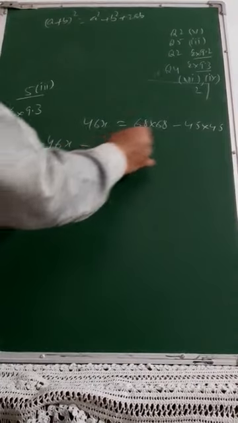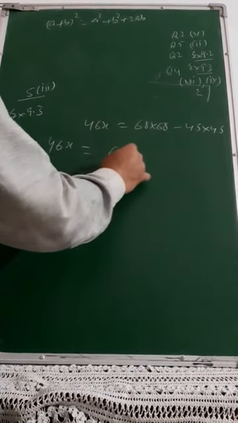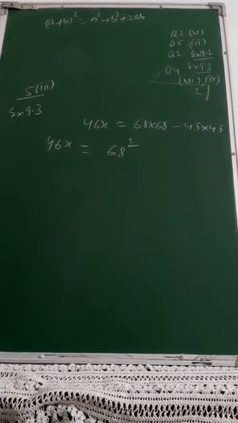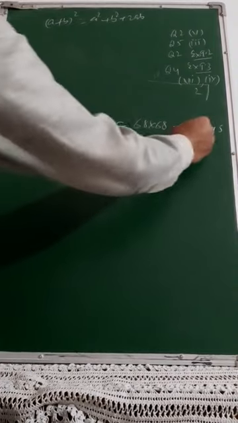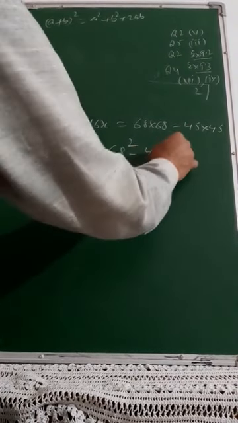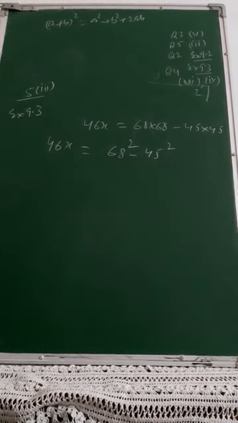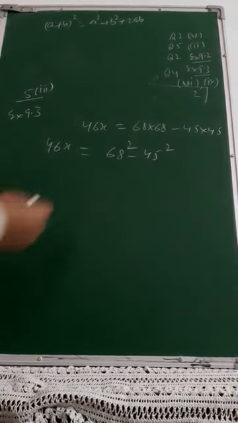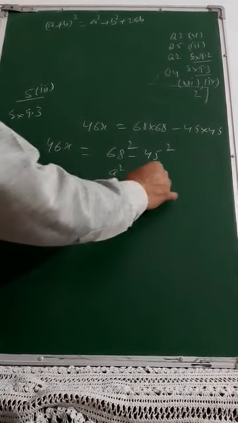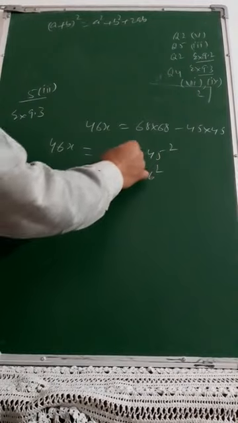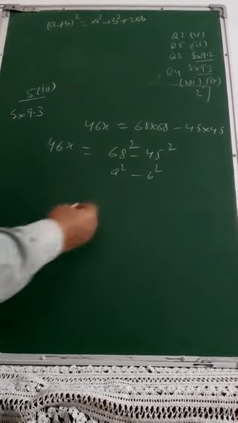So that's why 68 into 68 can be expressed as 68 square. Similarly 45 into 45 will make it 45 square. And now this is lying in the form of a square minus b square, where a is equal to 68 and b is equal to 45.